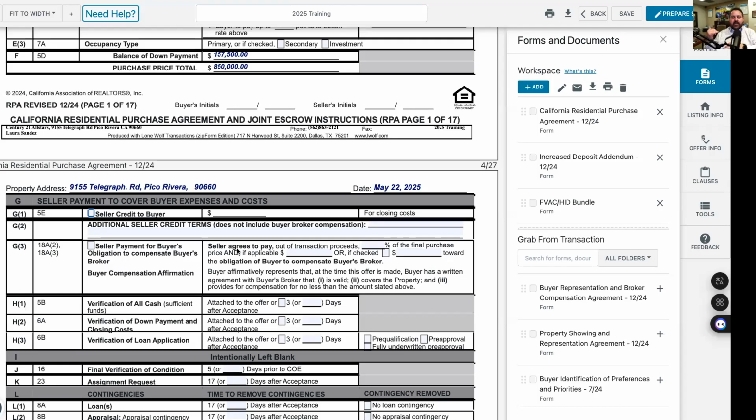Well, guess which one just took precedence? The one that's almost $30,000 less in credits. Even though the one that's at 70 probably needed $25,000 or $30,000 less in credits, it was just a lazy buyer's agent that was asking for the maximum allowable credit. So do you guys see the difference in how we structure those credits, right? It's just everything is perception.